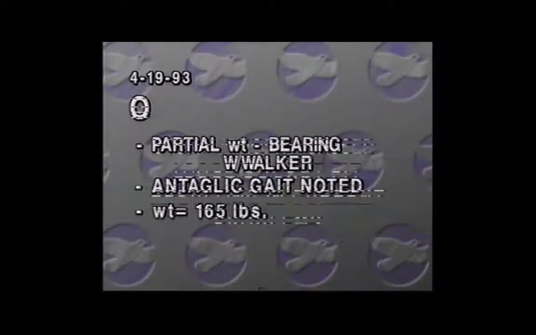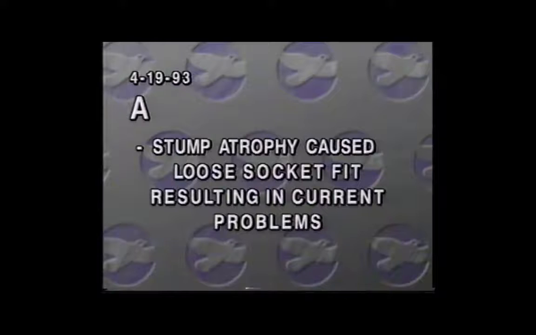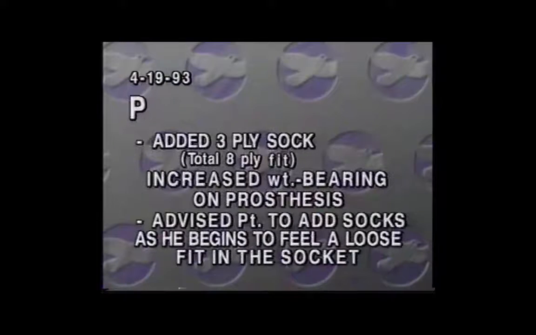My assessment, or my diagnosis, if you will: the stump atrophy caused the loose fit, resulting in the patient's current problems. My plan: I added a 3-ply sock. Now he has a total of an 8-ply fit, and he increased the weight bearing on the prosthesis.